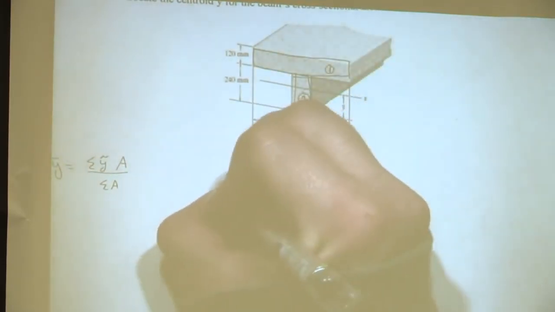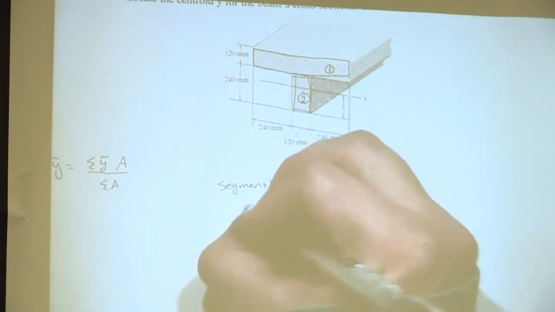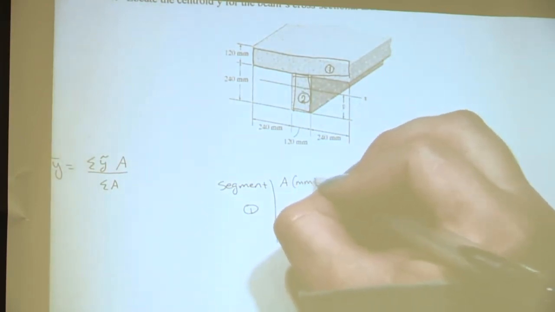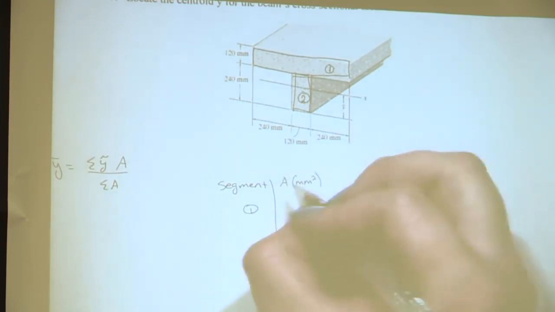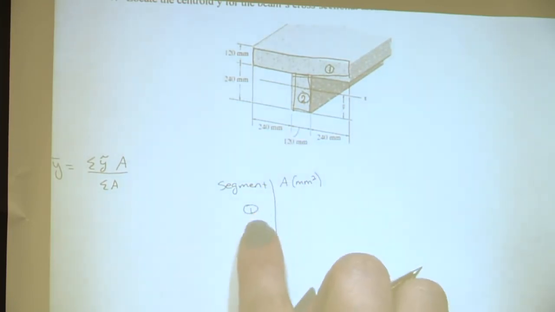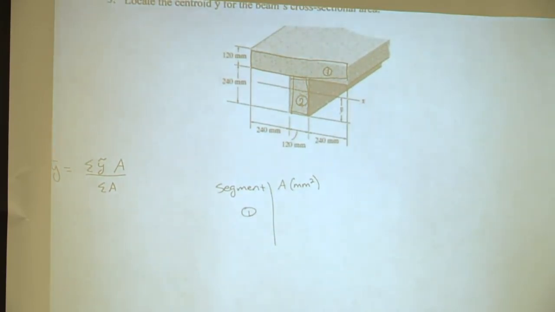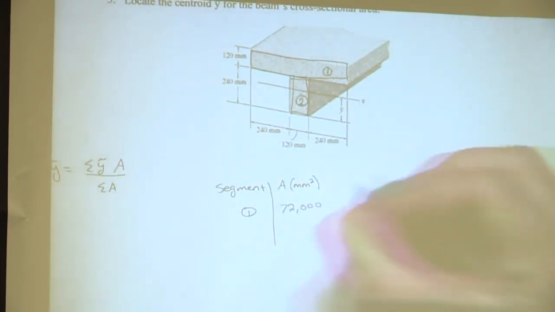So go ahead and write the chart. So segment 1. Okay. So we have the area, and what is it in terms of? Millimeters squared. Awesome. And then, what is the area of 1? 120 times what? 240? That's 600, and what does that give you? 72,000.